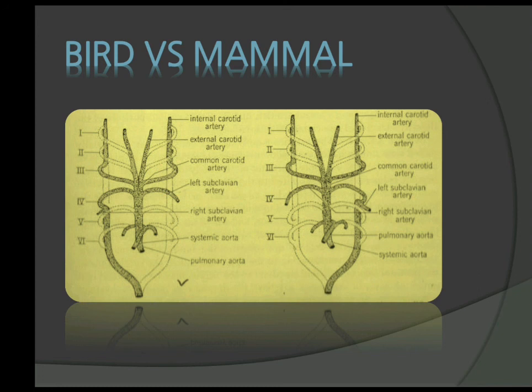So as a whole, I think now you have understood the topic of the aortic arches, how they have developed, what is the primitive plan, how they modify, and you have seen that in evolution the number of the aortic arches has reduced. Ultimately, at the top of the evolution, we have got number 3, number 4 and number 6 as the functional arches in case of birds and mammals.